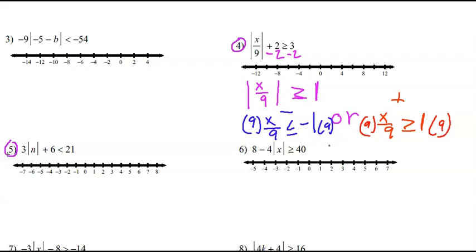So then we have x is less than or equal to negative 9, or x is greater than or equal to positive 9. So we'll draw those on the number line. And then we're going to shade the outside because it's or.